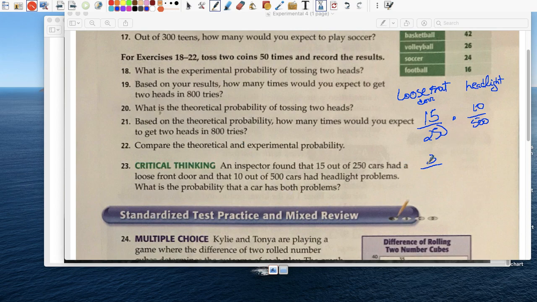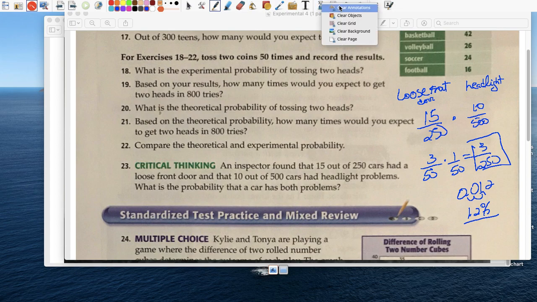I will simplify it just to make it easier. This is 1 out of 50, so we get 3 out of 250. So the probability is 3 out of 250, and let me divide that. It's a very, very small chance, 0.012. If you change that to percent, 1.2, so there's a 1.2% chance that a car has both problems. So there it is in all 3 formats.